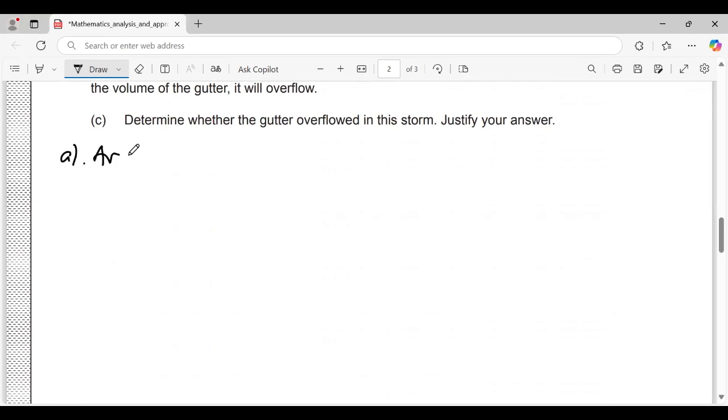I begin from the arc length, 45 minus 10 equals 25 centimeters.